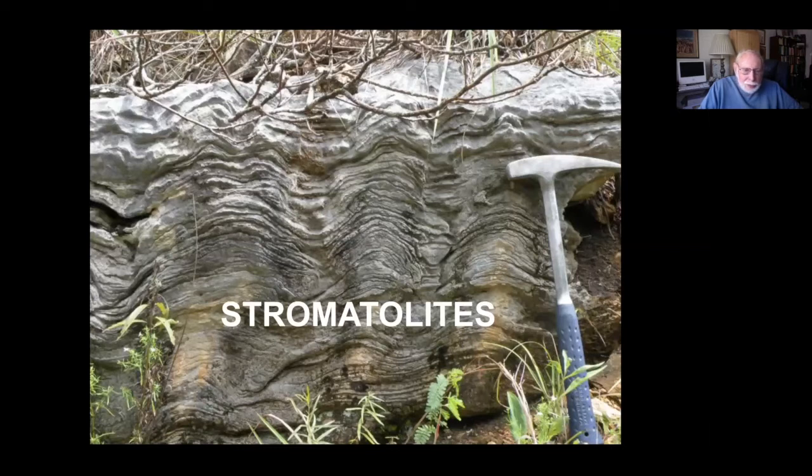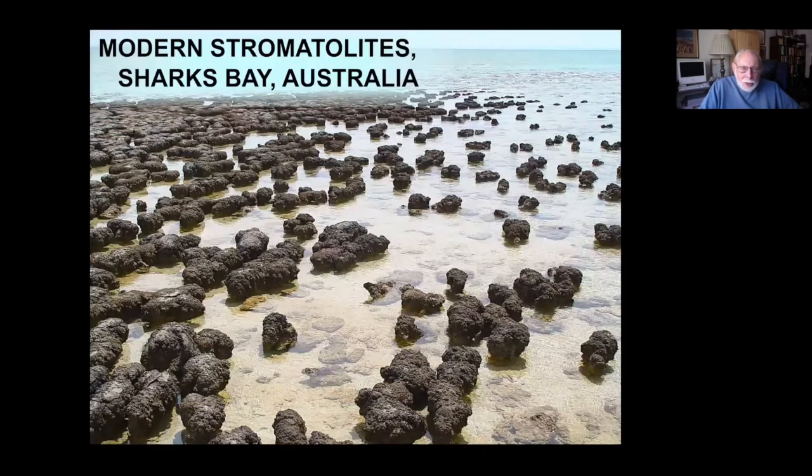And they puzzled geologists for decades until they were found in a modern bay on the northwest coast of Australia, Shark Bay. And they're essentially mounds made up by blue-green algae or blue-green bacteria, cyanobacteria.